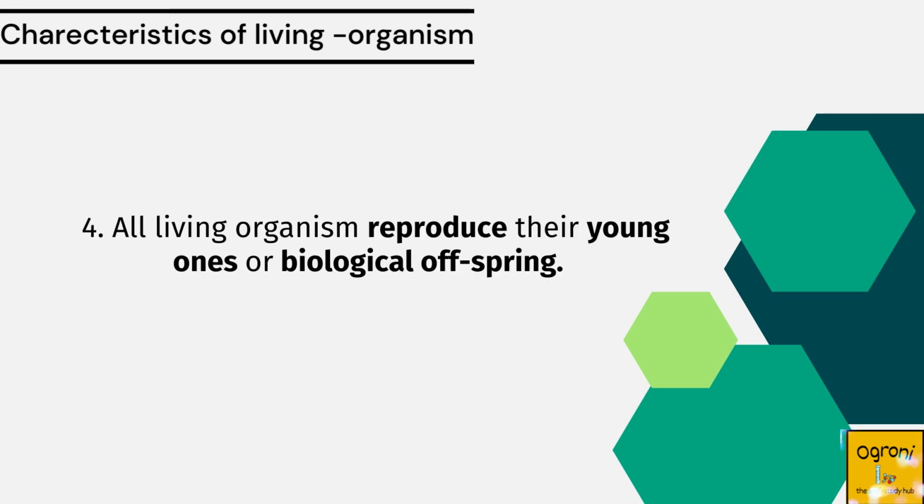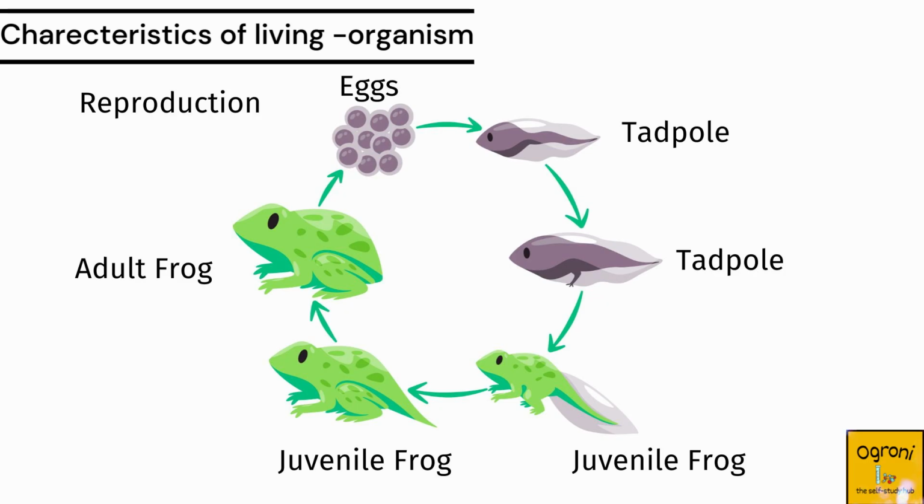All living organisms reproduce their young ones. As you can see, frog eggs hatch into tadpoles. The tadpoles grow and change into juvenile frogs, which then develop into adult frogs. The adult frog can produce its offspring and continue the life cycle.